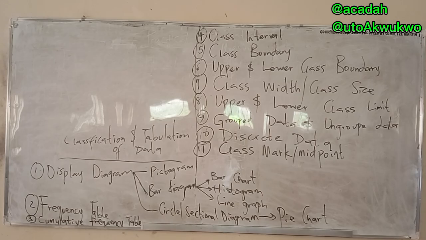Then you write comma, or x values for ungrouped data. Just copy. As we start taking examples, you will understand this.